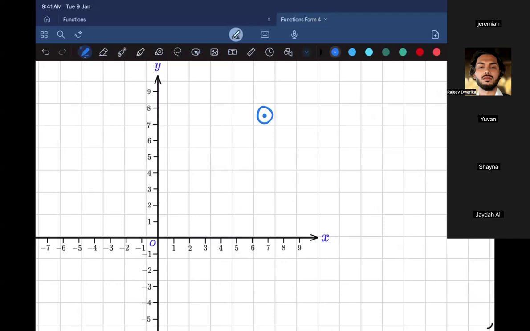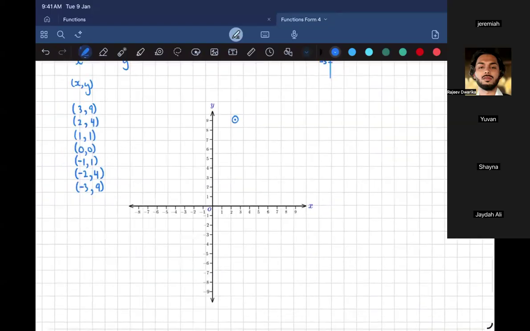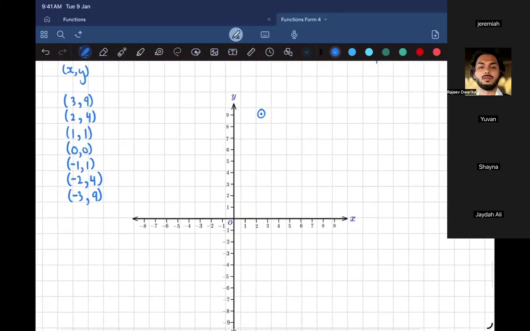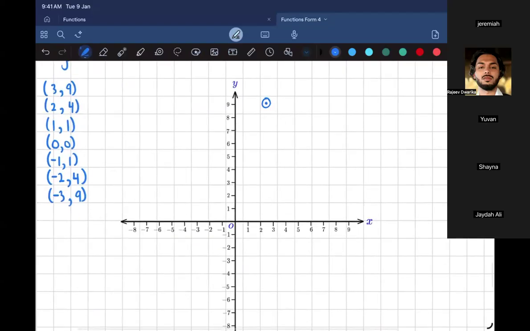So the first one is going to be 3, 9, and that's going to be over here. Right? Jada, help me with the second point. So tell me how to move. So I'm moving to the left, right, up, down, tell me. So we finished 3, 9. Cool. Next point is 2, 4. So tell me, Jada, how am I going to move?